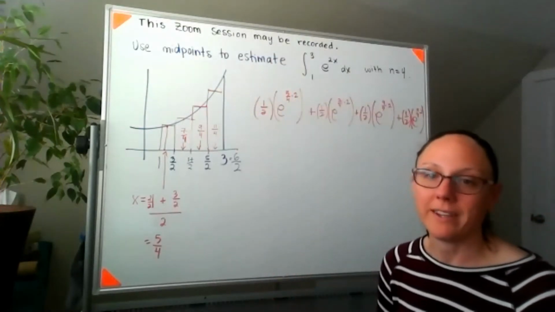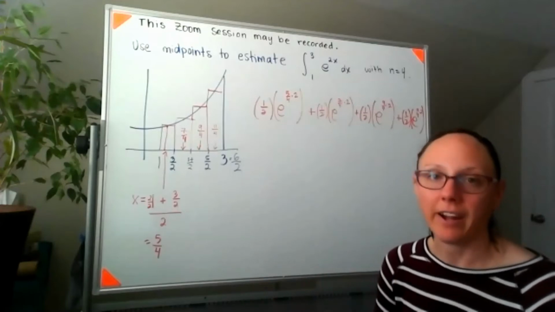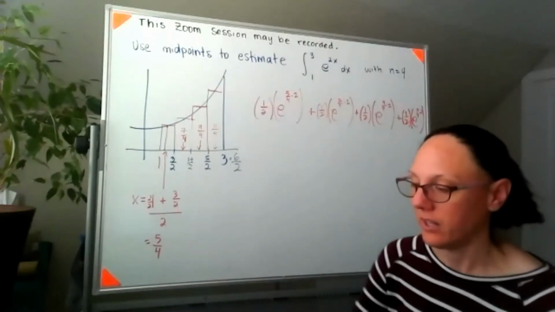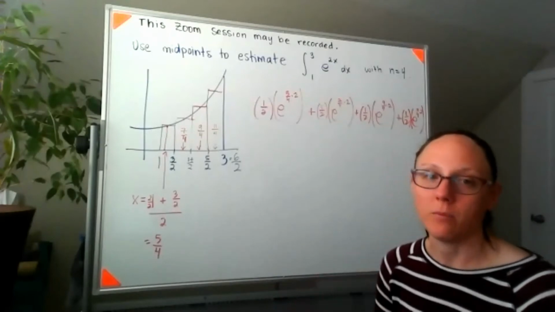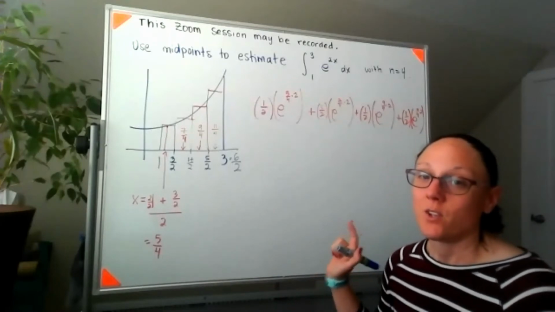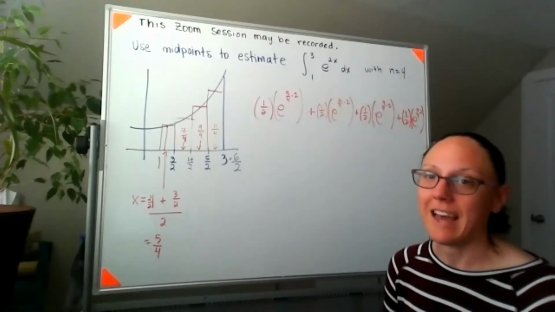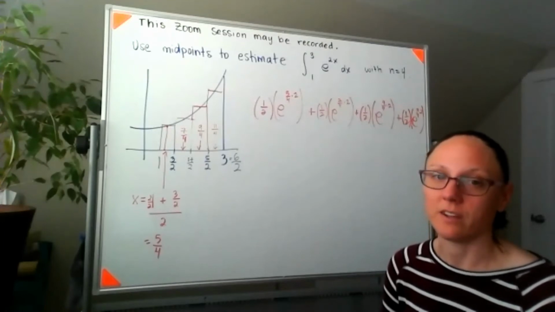So again, the midpoint is not giving us the exact area, but it's getting us closer than the left endpoint or right endpoint. So what if we take the same problem, but we wanted to find the actual area using a Riemann sum?